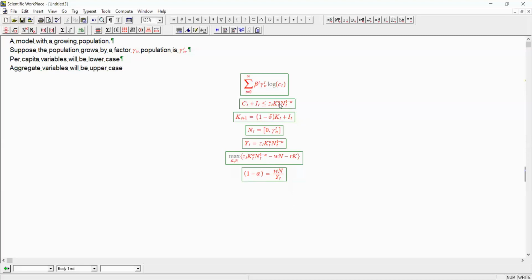So this is the production function we're going to use, and we're going to assume that zt, this productivity term, equals z0 times gamma z to the t. So there's some initial productivity z0, and then it grows by some factor gamma z over time.